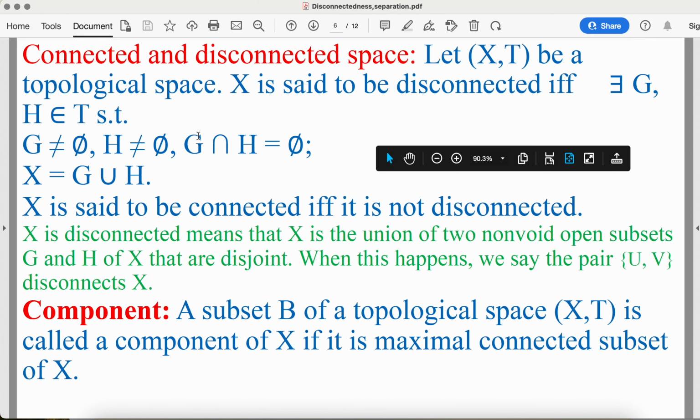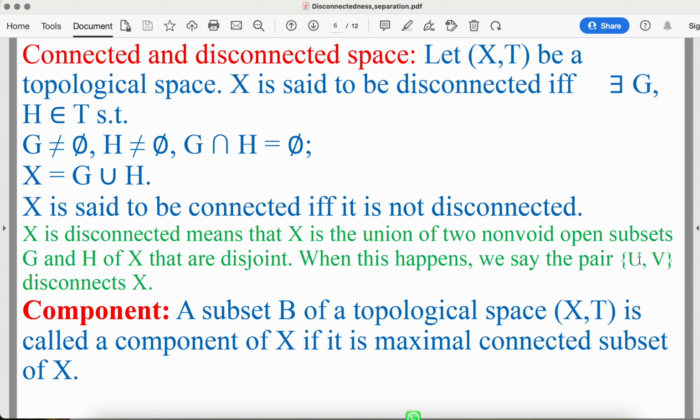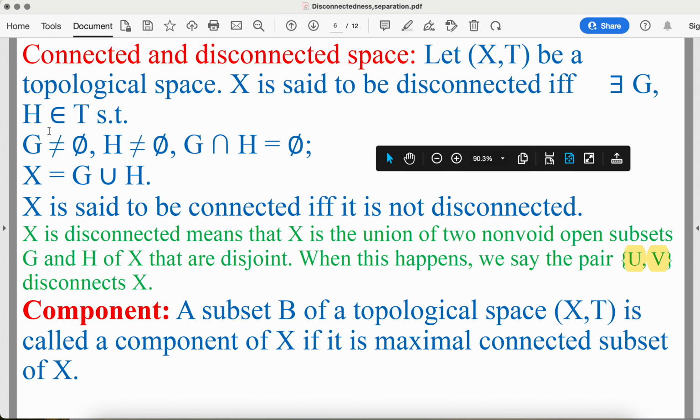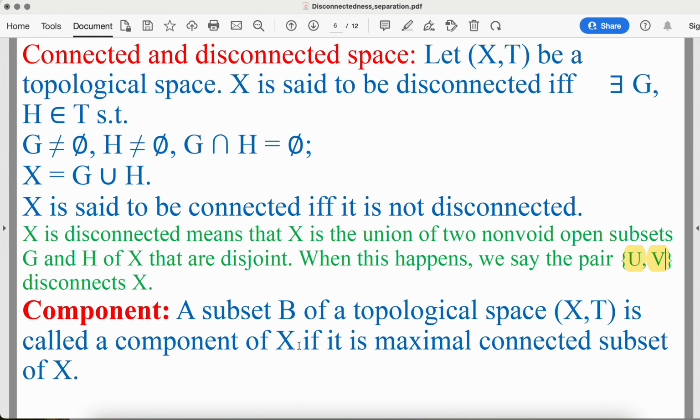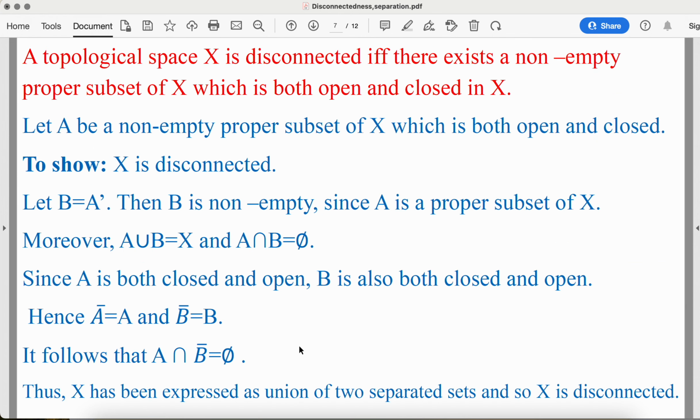When this happens, the pair G and H disconnects X. Now the component. A subset B of a topological space (X, T) is called a component of X if it is a maximal connected subset of X.